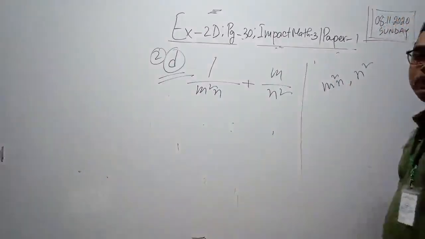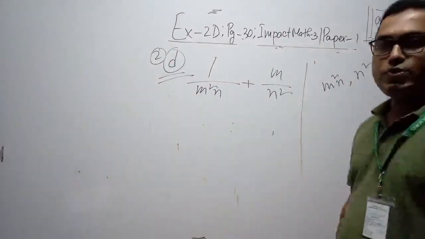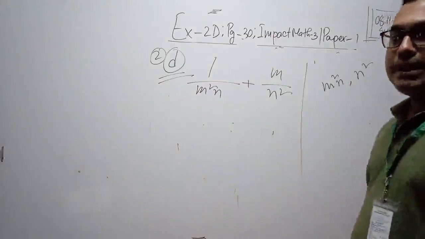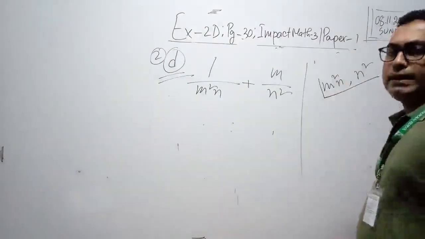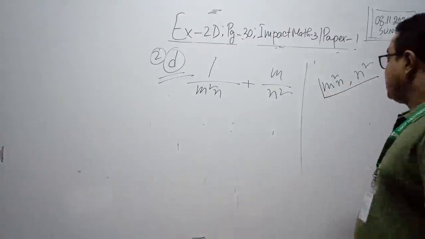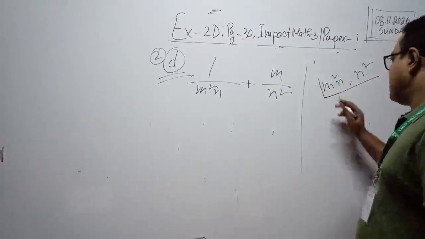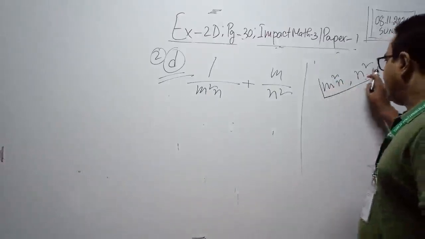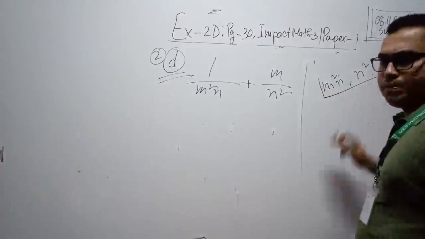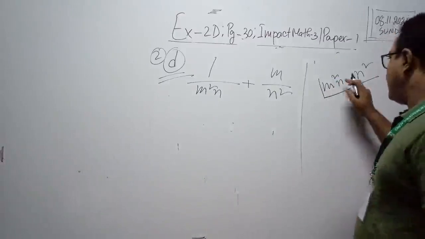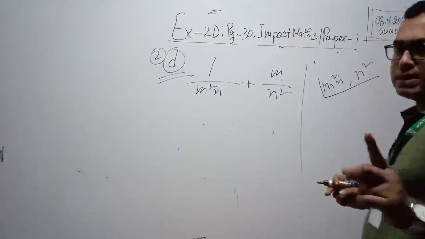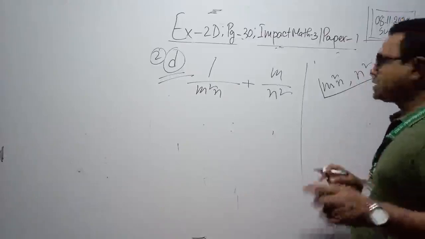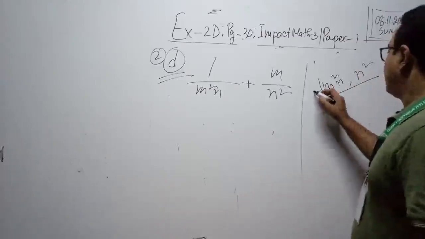So the question is, which one will be our LCM? First of all, try to find the common term. In m square n, here we don't have m in the other denominator, which means m is not common. Here we have n and n square, so the lowest common is n.